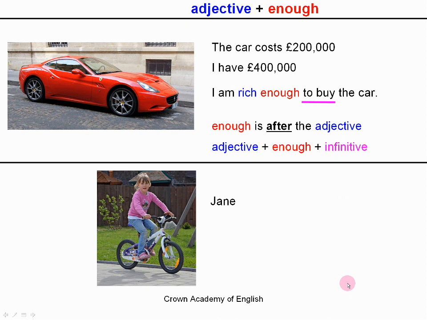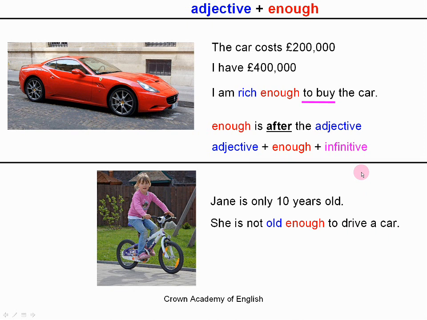Example 2. Jane is only 10 years old. She is not old enough to drive a car. So again, notice the order. We write the adjective first, old, and then the word enough.